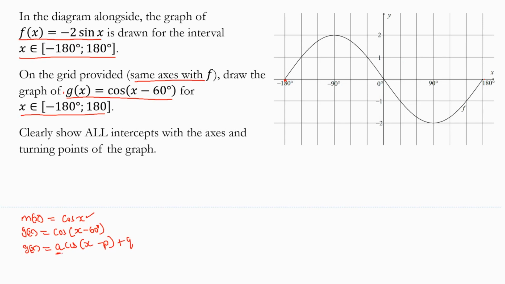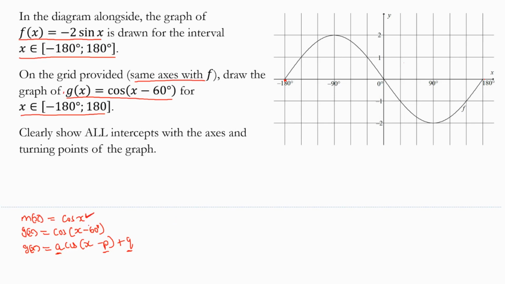A affects the amplitude, therefore it also affects the range. P is the horizontal shift to the left or to the right: if it's negative it goes to the right, if it's positive it goes to the left. And q is for the vertical shift. Just know those things. Now we're going to start by sketching our parent graph.